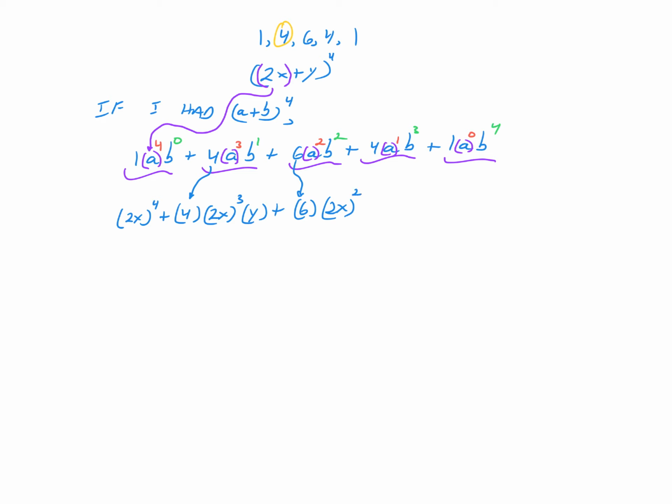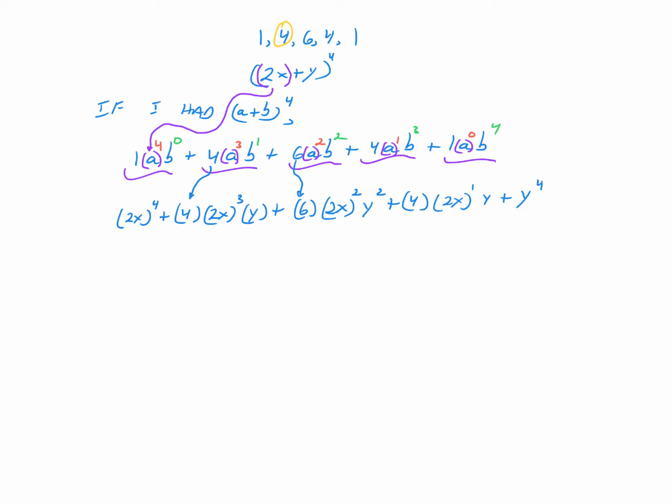A is now 2x, and now I have y squared plus 4, that's my Pascal coefficient, 2x to the first, y, plus, I don't need the 1, I don't need the 0th degree monomial, and b is now y to the fourth. So now look at that, keeping in mind that you have to apply the exponent to each factor of a product. When you're done with that, then you multiply that by the Pascal triangle coefficient.